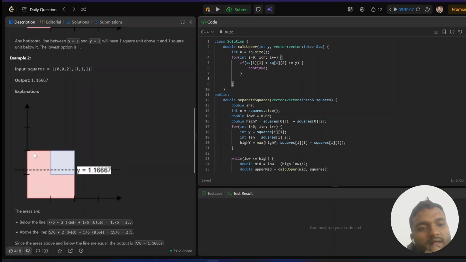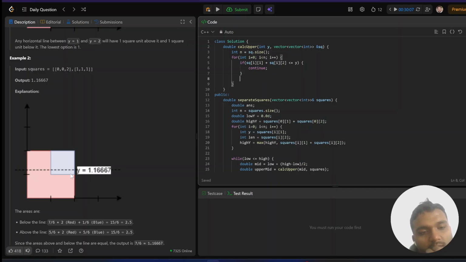So if we subtract this with this, we can get the length and breadth. What will be the breadth? Breadth is the same, coordinates are the same. We have the length already given.